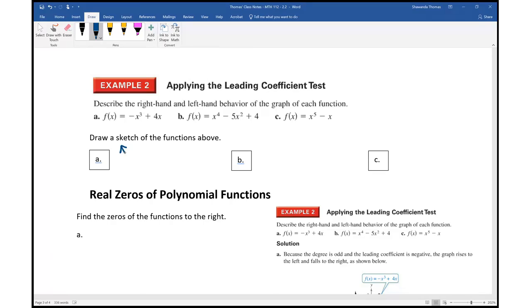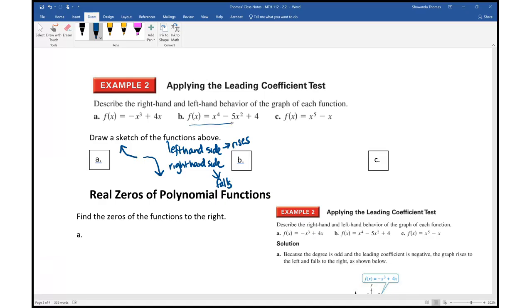Our left-hand side will rise and our right-hand side will fall. So left-hand side rises. Right-hand side falls.